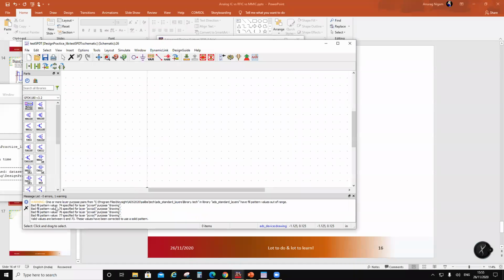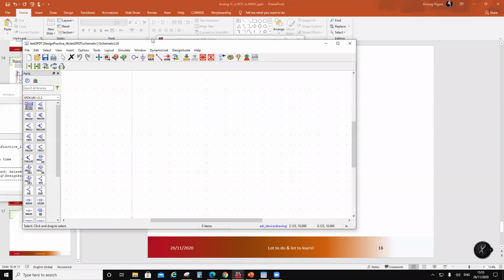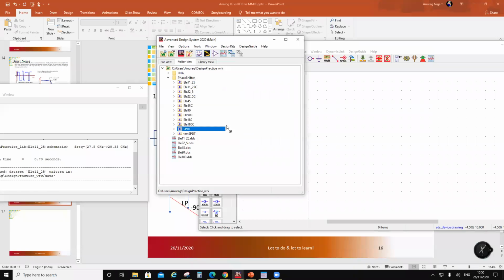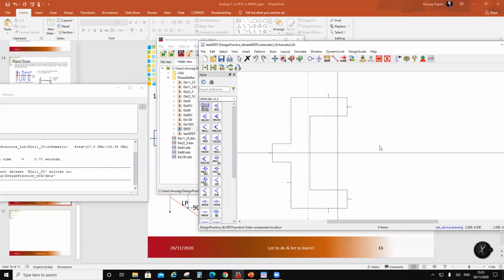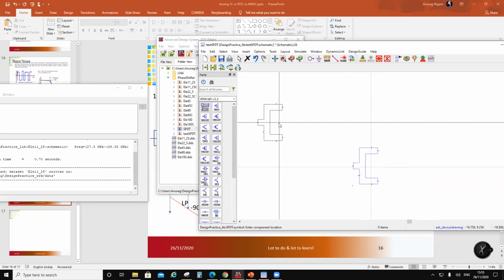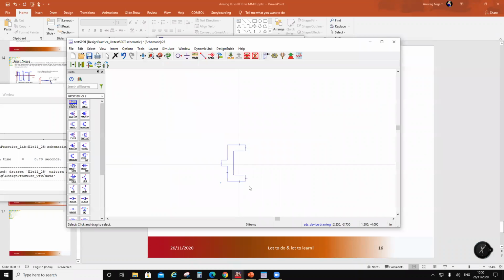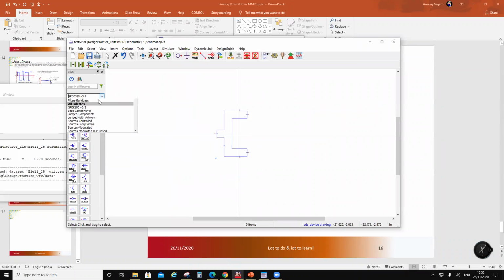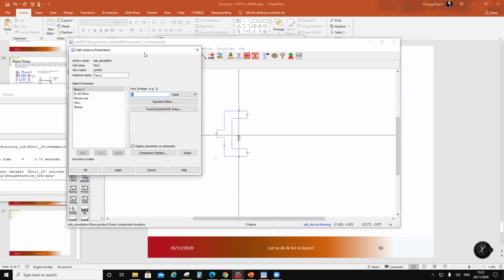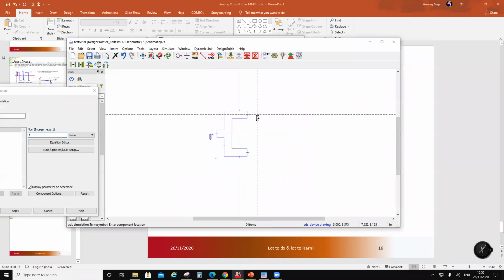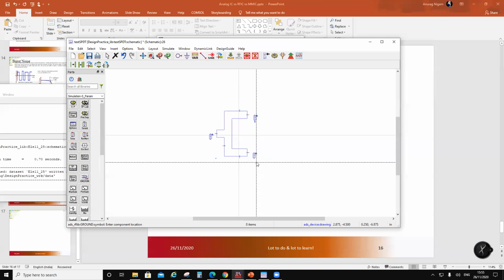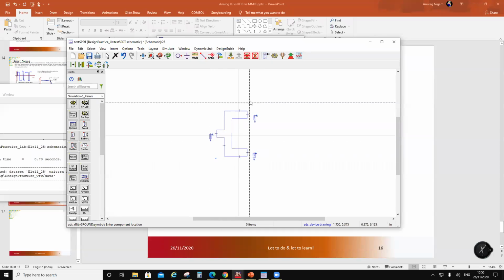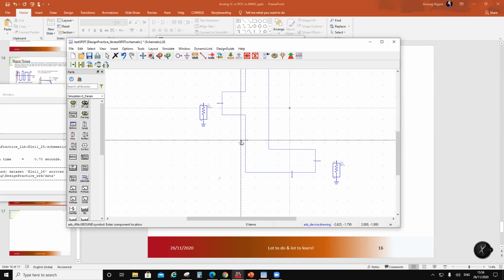Create schematic. And then I'm just going to call in this switch here like this. And I'm going to put 3 terminals here. Simulation S parameter. Okay. 1, 2, 3, and ground.